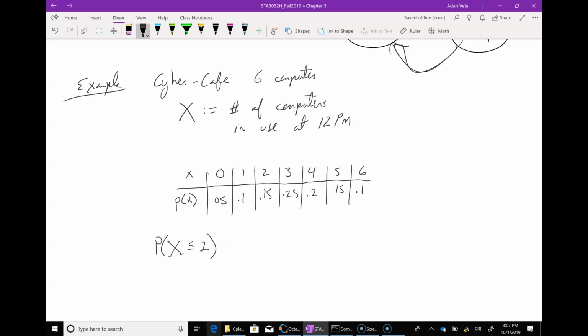Now we can write that as, we should understand this as a compound event. And we can relate it back to simple events, right? That's just given by the probability that x is equal to 0, plus the probability that x is equal to 1, plus the probability that x is equal to 2. So what allows me to actually break up this compound event into simple events?